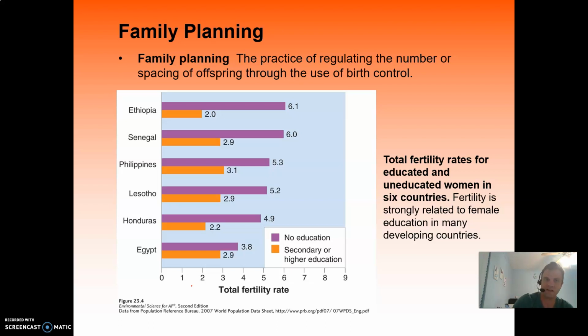So as you can see, the difference between educated and uneducated women in these 6 countries produces vastly different fertility rates, where you have a difference between 6.1 and 2.0 children per woman of childbearing age in Ethiopia, and it's basically repeated over all these countries.